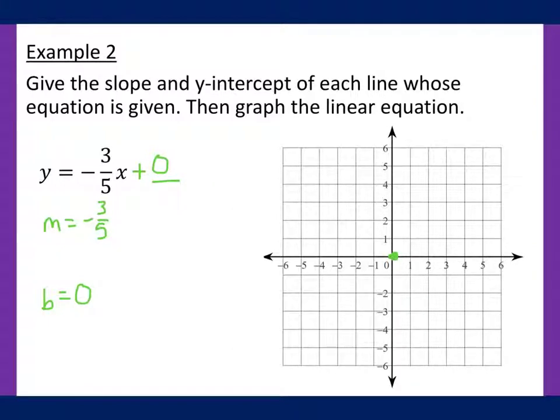Now, whenever we have a situation like this, where we've got -3/5, the negative goes either on top or on bottom. So we can look at a rise of -3, which means down 3, a run of 5. That point is right here.